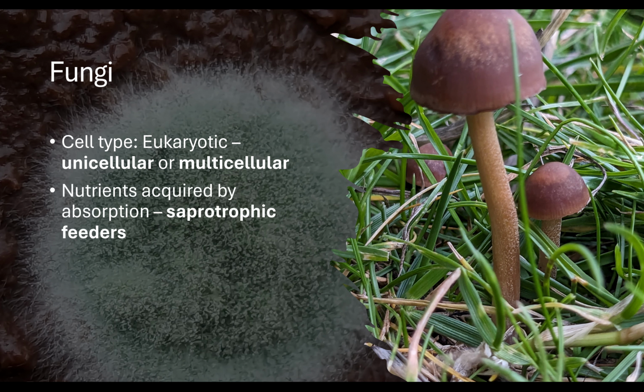Now they actually get their nutrients by absorption. Now they, like prokaryotes, are saprotrophic. So what the fungi does is the fungi excretes the digestive enzymes like we were talking about with the prokaryotes, and they then absorb those broken down nutrients from the external environment. They absorb that back in.